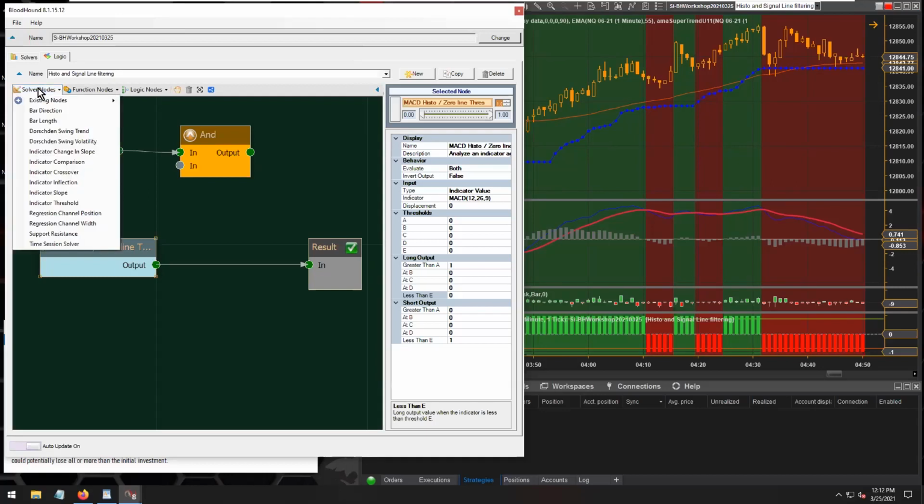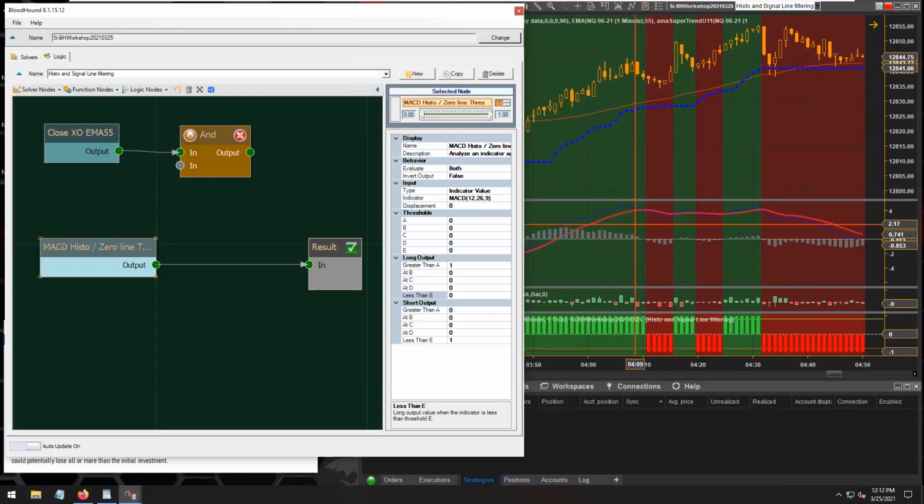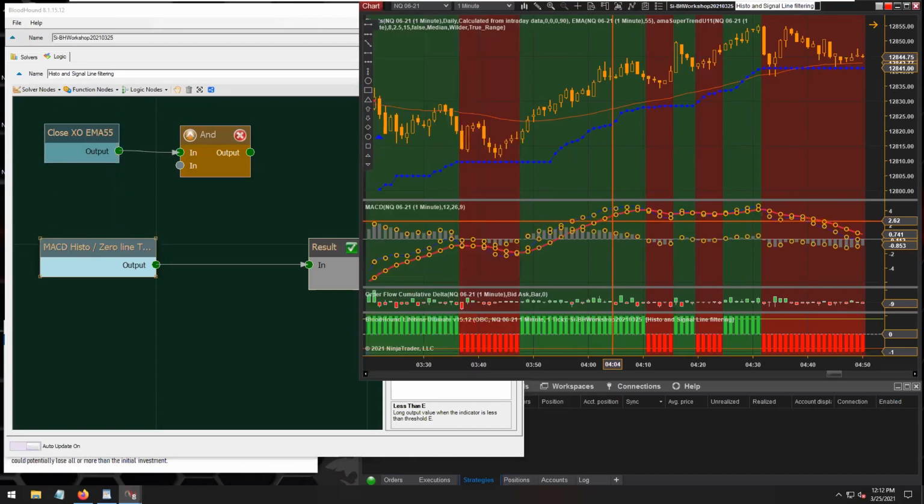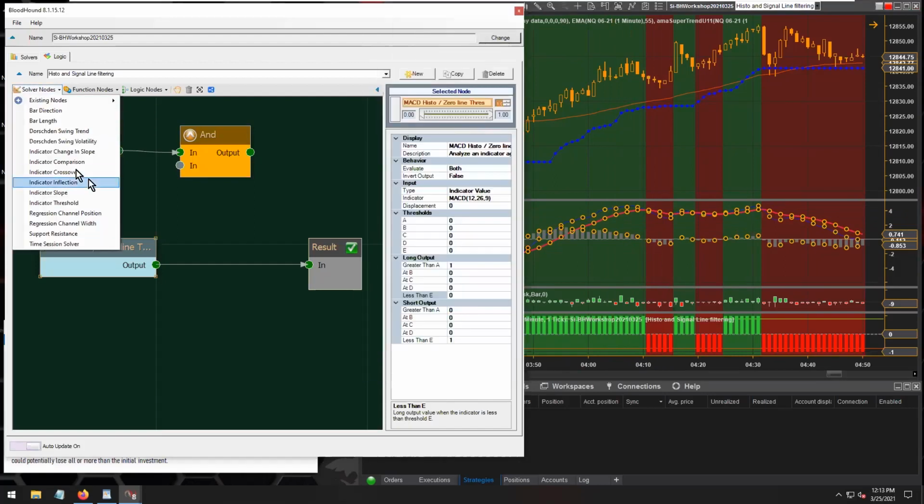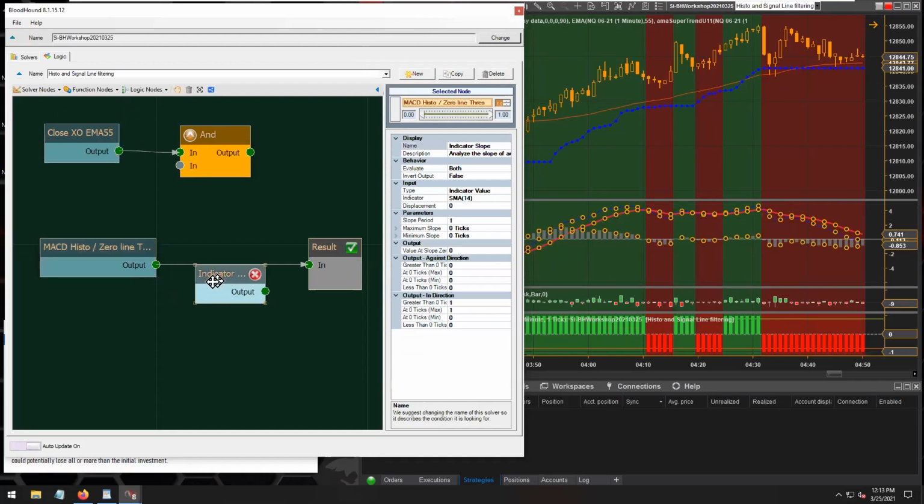So, all right. So to determine whether a plot is falling or rising, we're going to use the slope solver here. So let's connect that in.